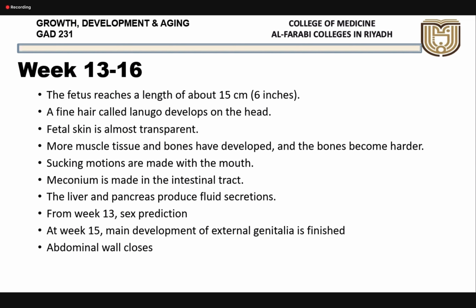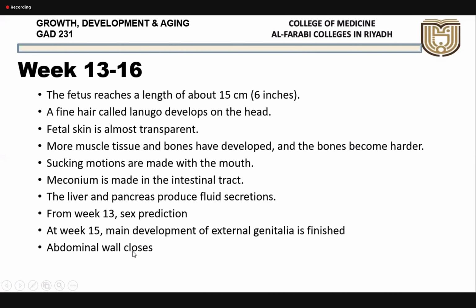So sex determination is at fertilization, and the external genitalia form at the 15th and 16th week. Those are two different features.